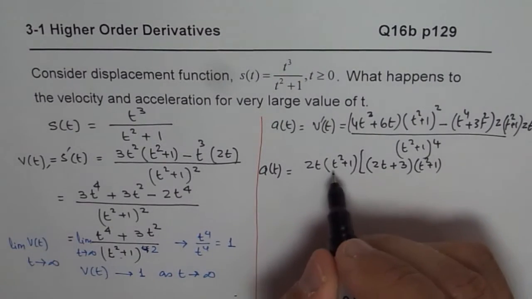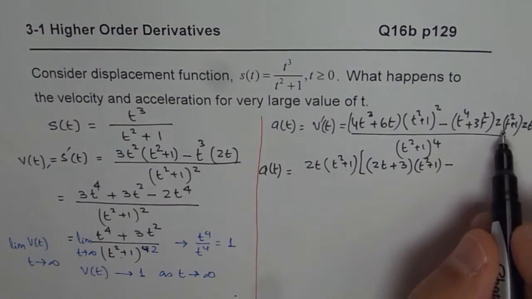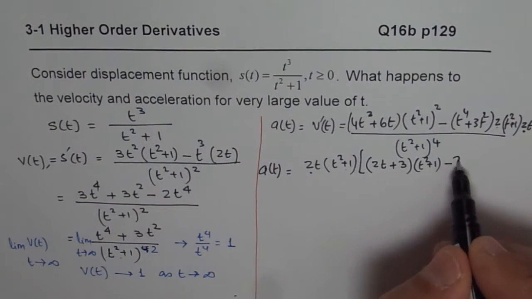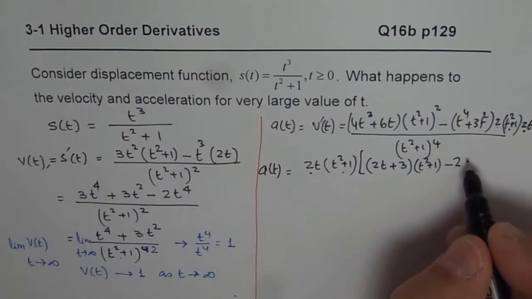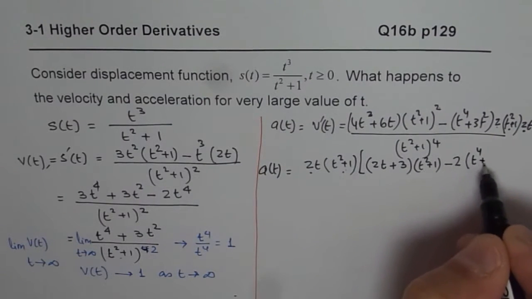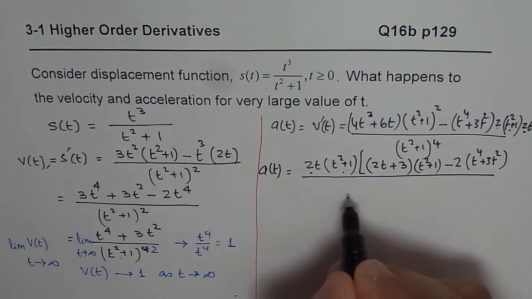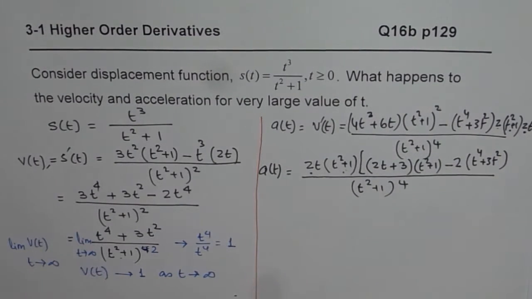We have taken t squared plus 1 outside, so from the square we are left with this. And here we have taken 2t as a common factor, so we have 2, and then t squared plus 1 we have taken as a common factor, times t to the power of 4 plus 3t squared, divided by t squared plus 1 to the power of 4.